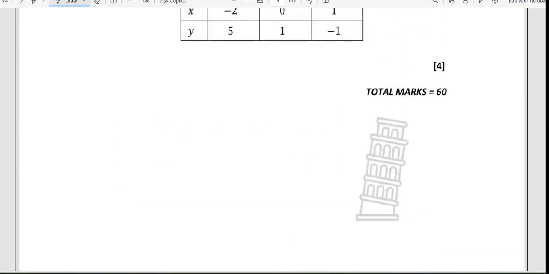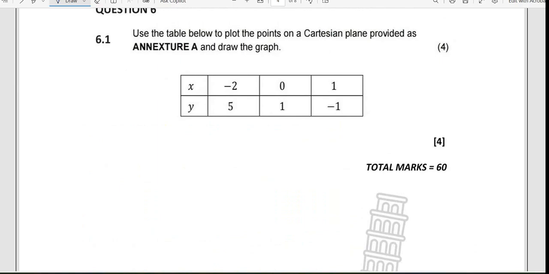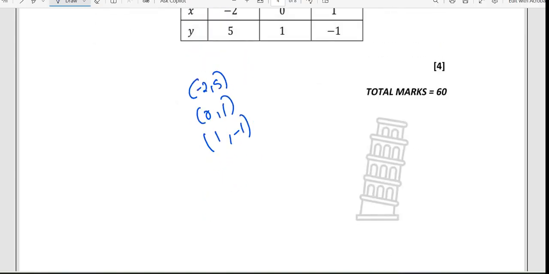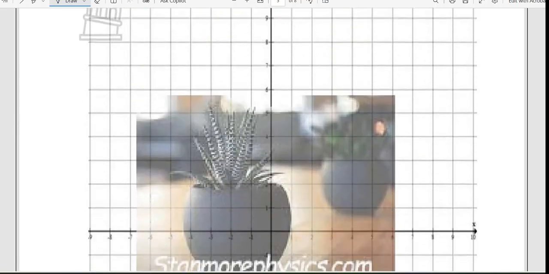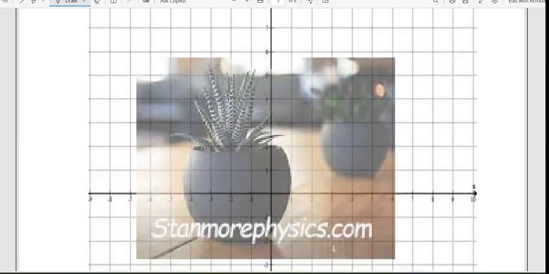Guys, these are our points: -2 and 5, 0 and 1, 1 and -1. When you plot on the graph, you start with the x values. -2 and 5: negative 2 is here, and positive 5, it's here.